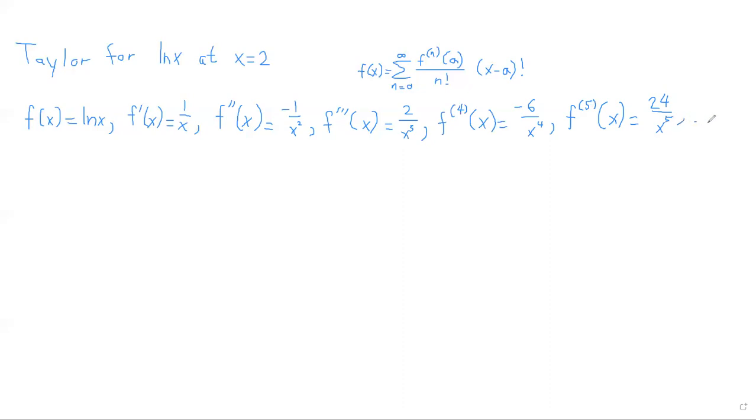And so on and so forth. All right, so let's get to it. You know what? Let's figure out the values for these as well. I know you guys are thinking I'm making too many steps, but I don't want to make any calculation errors in between. So f of 2 is ln 2, f prime of 2 is 1 over 2.